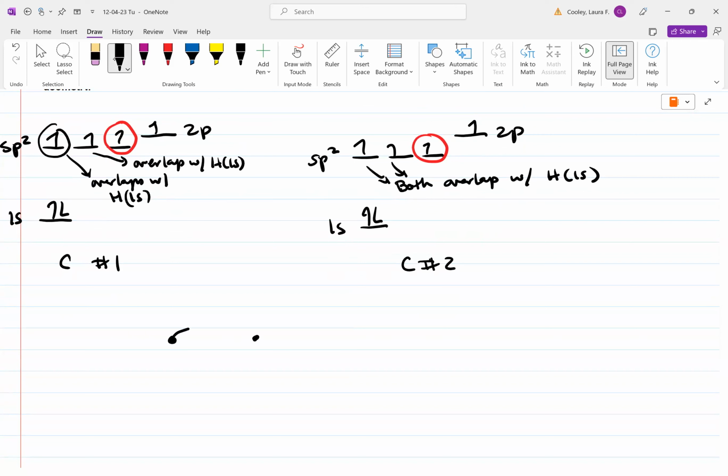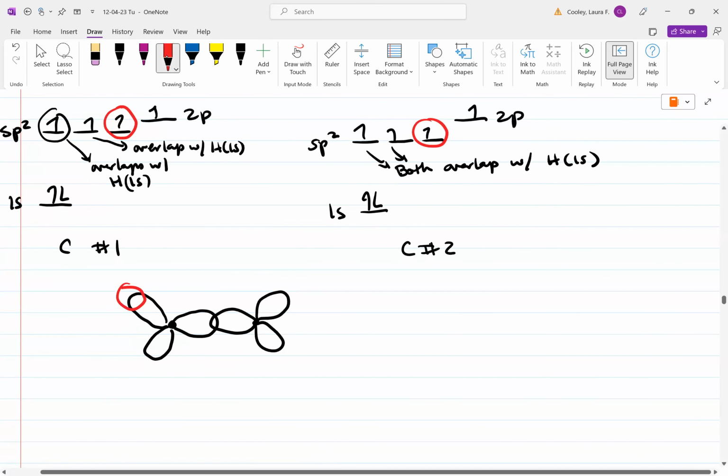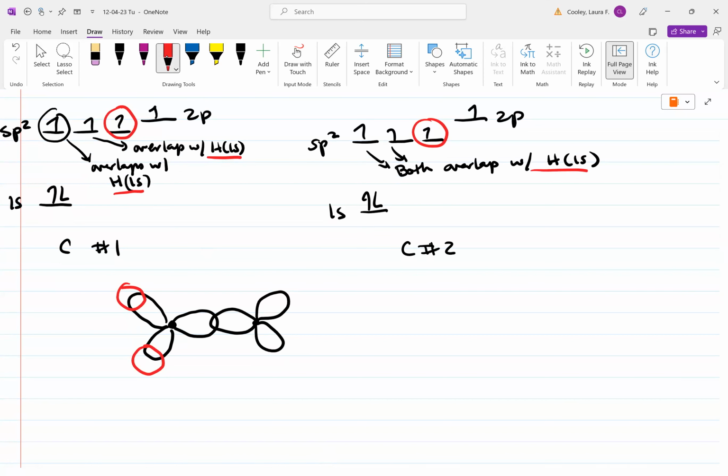And now I have my sp2, my sp2, and my sp2. All right, so these are all in a plane, just like the plane of this screen here. Each one of these are the two that are overlapping with the hydrogen 1s. On the other side, I have the same thing.